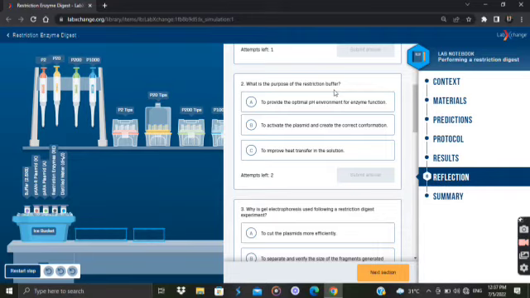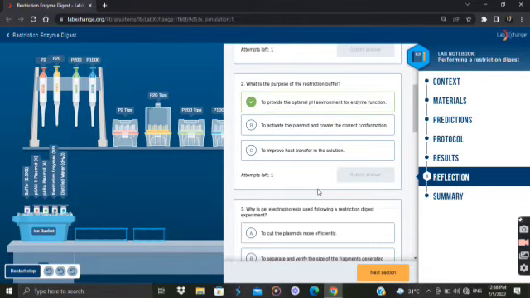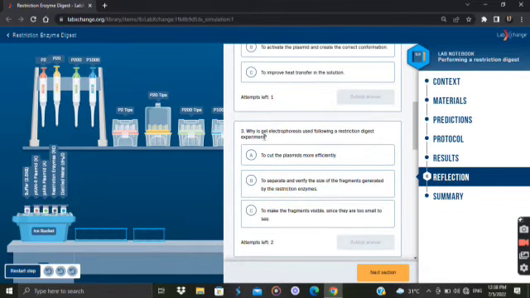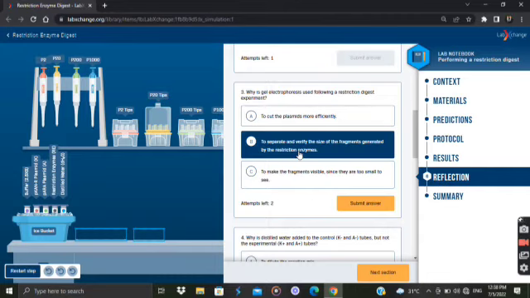The purpose of the restriction buffer is to provide the optimal pH environment for enzyme function. Why is gel electrophoresis used following a restriction digest experiment? It is used to separate and verify the size of the fragments generated by the restriction enzymes.